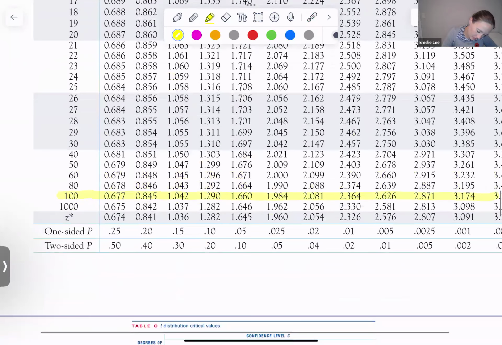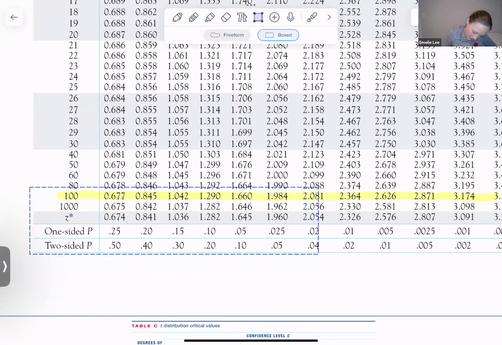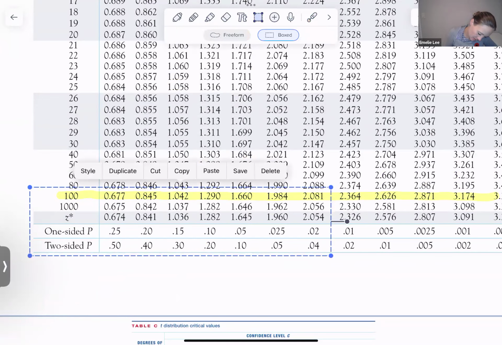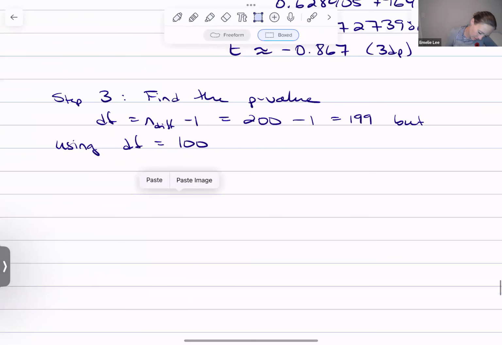And what you want to do on this line is try to place the absolute value of our t.